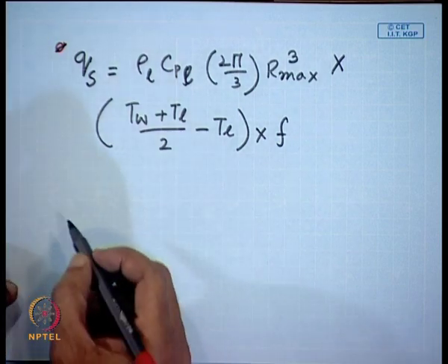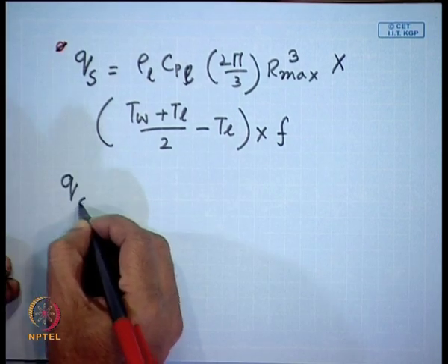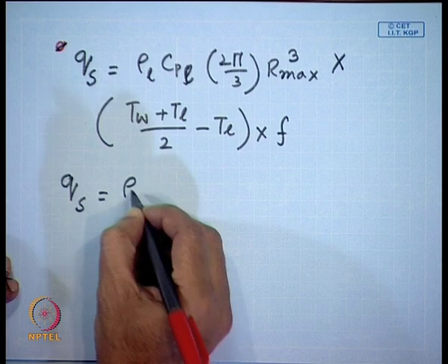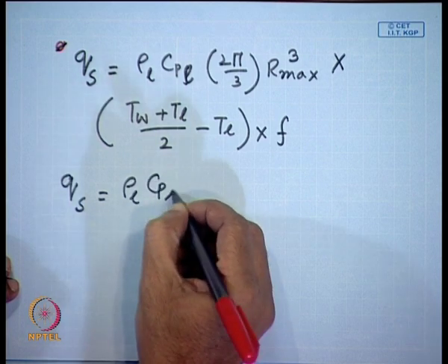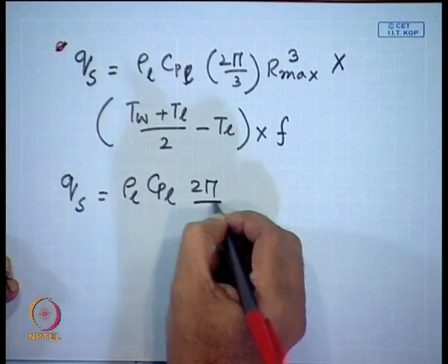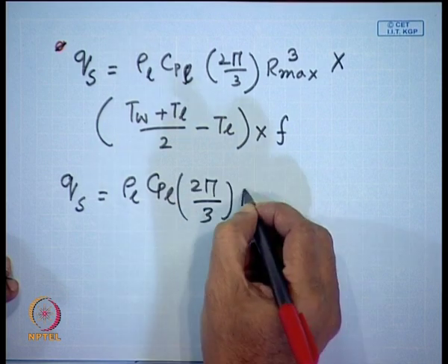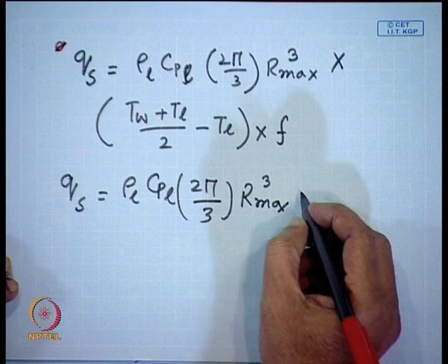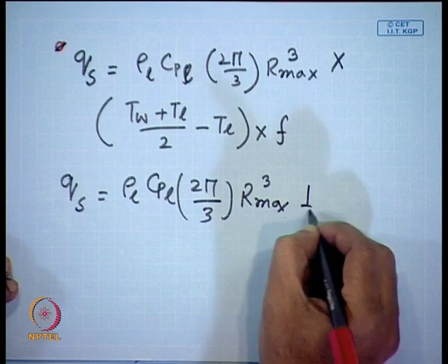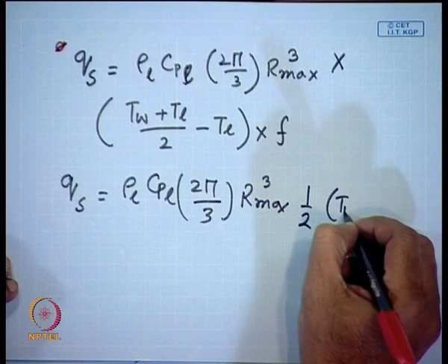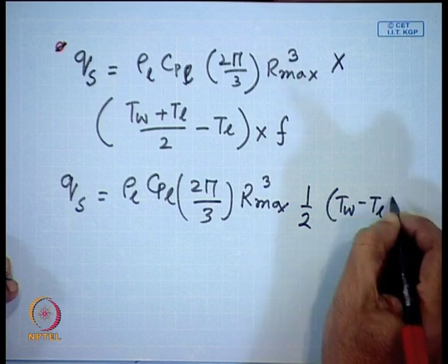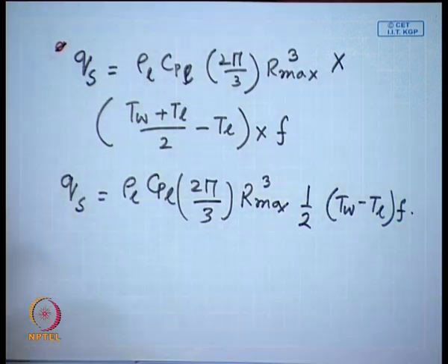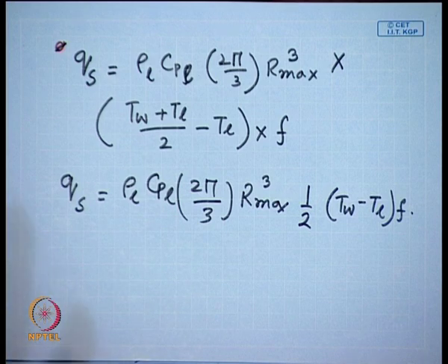Simplifying, we get rho L C P L times 2 pi by 3 R max cubed times half of T W minus T L times F. So this is what we will get.